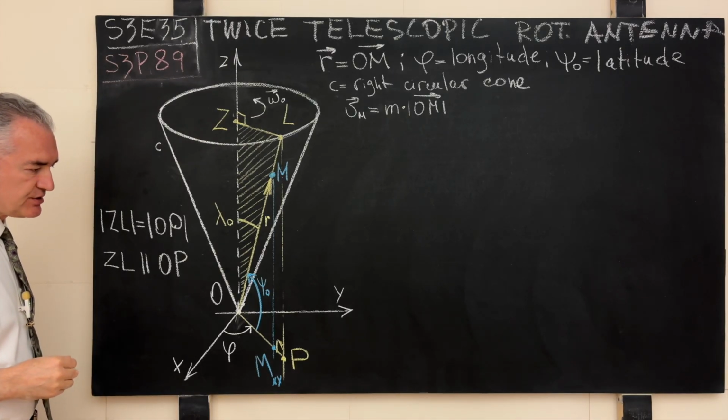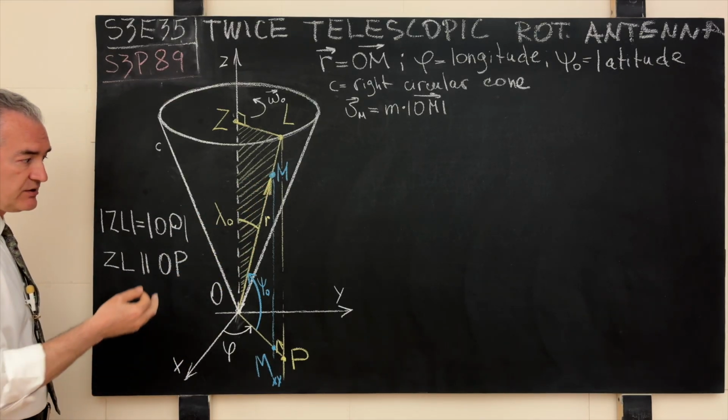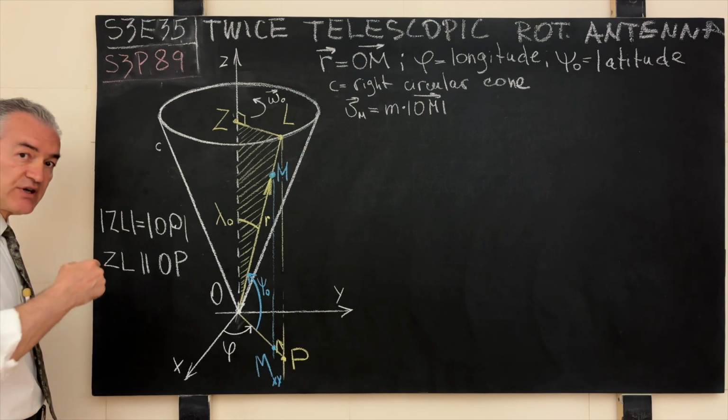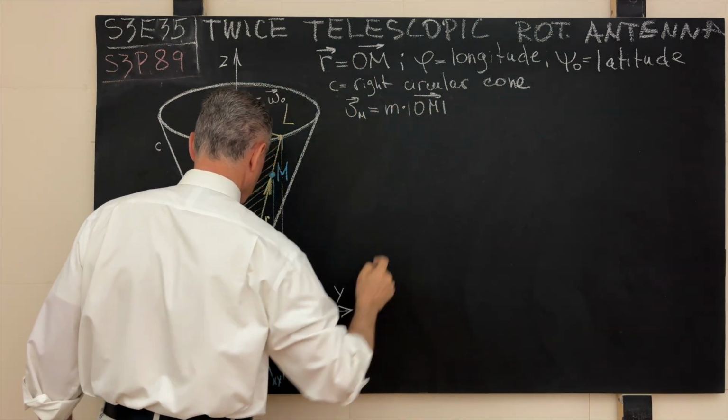And under these conditions, we are asked to recover the law of motion of the point M, and it is evident right away that the point M traces the surface of a right circular cone.